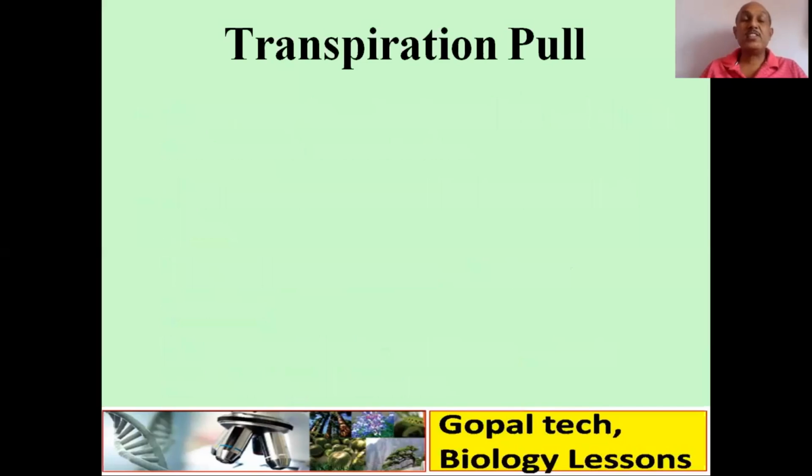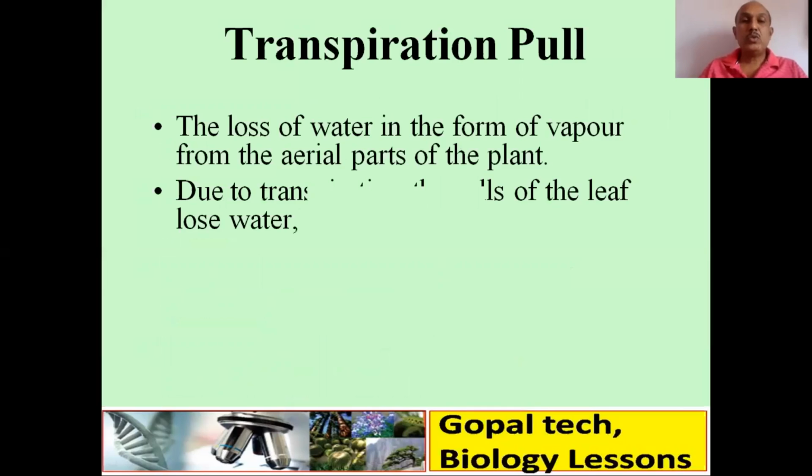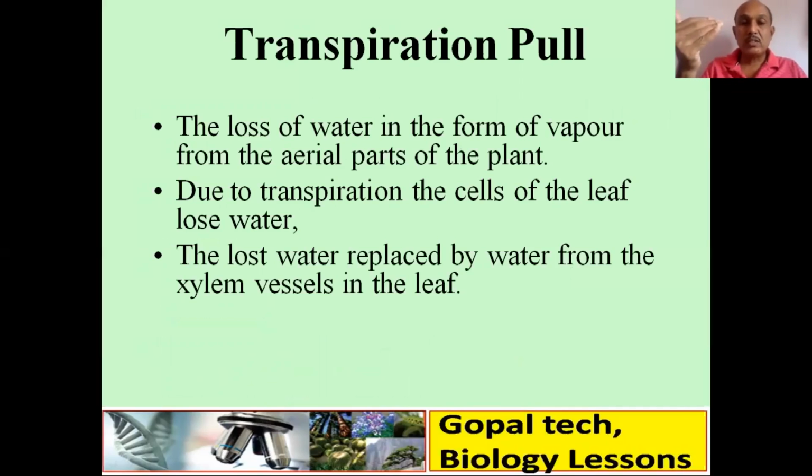The second one is transpiration pull. The loss of water in the form of vapor from the aerial parts of the plant is called transpiration. Due to continuous loss of water, the cells of the leaf lose water. The lost water is replaced by water from the xylem vessels present in the leaf.